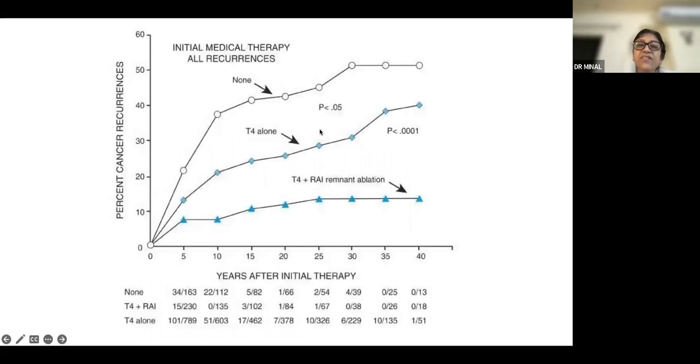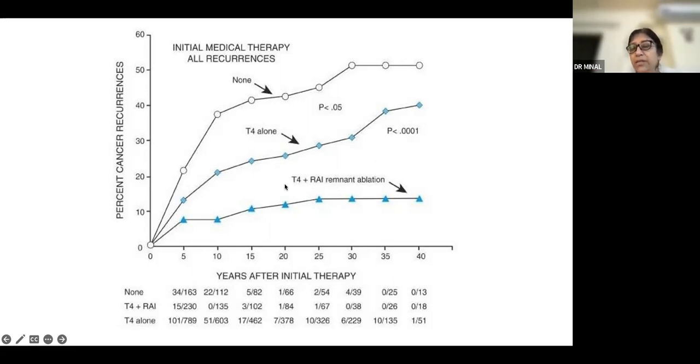Now, these are studies which have shown that when surgery alone was done, or surgery followed with thyroxine alone, or surgery followed with thyroxine plus radioablation, the survival rate was maximum when surgery was followed by radioablation and then followed by thyroxine suppression. So this is one trial which has shown that after surgery, go for a radioiodine ablation, and after radioiodine ablation, replace thyroxine.